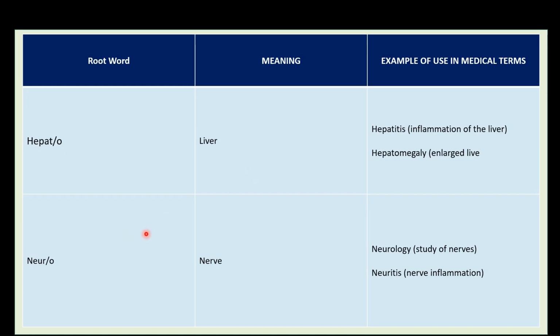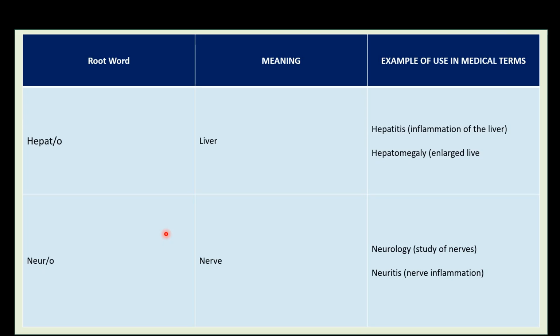Then we have the next root word, that is neuro. Neuro means nerve. So when there is a discussion related to nerves, in that case we will use the root word neuro. For example, neurology. We all know that neurology is a subject where the study of nerves is the main agenda, right? Students and folks study the nerves, and that is why we call it neurology. Okay, we also know the neurologist.